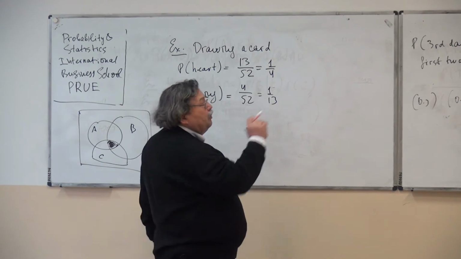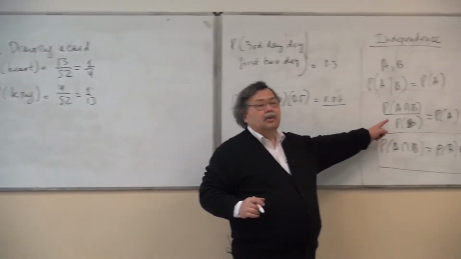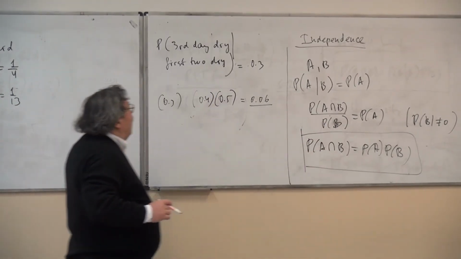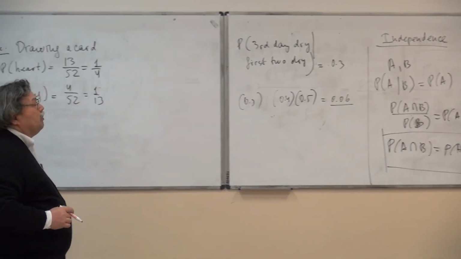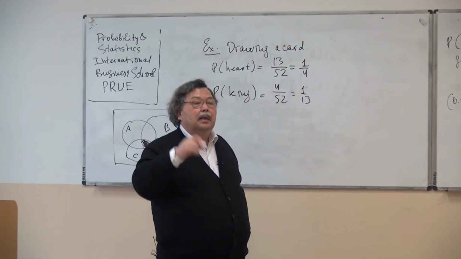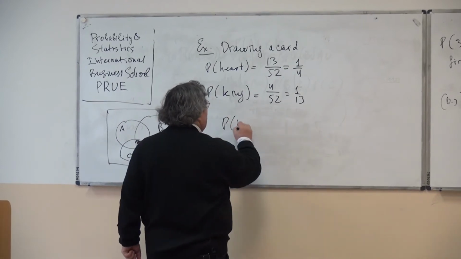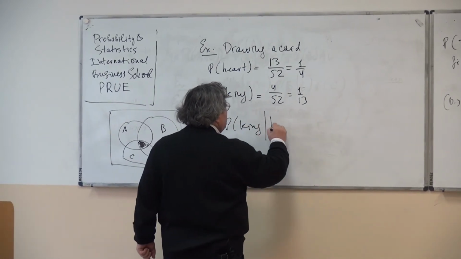And yes, if we apply this definition, let's first try to apply this one. Now, what's the probability that a randomly chosen card is a king given that it's a heart?